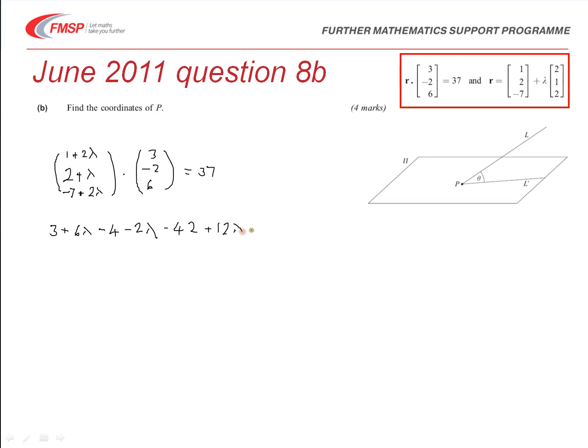And again, that's still equal to 37. Simplifying this, we have 6 lambda take away 2 lambda, which is 4 lambda, plus another 12 lambda, which gives you 16 lambda.